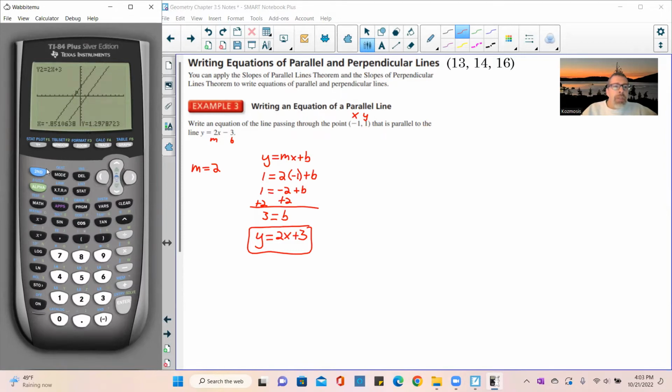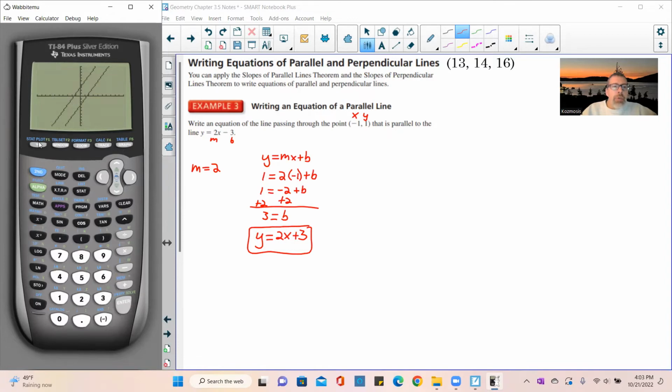So I'm going to do something differently. I'm going to do a calculation. So I'm going to hit second, calculate, and I want to know a value. I want to know y when x is -1. Wrong line. Let's do it again. Second, calculate, value, -1, enter, and it's putting it on the same graph.